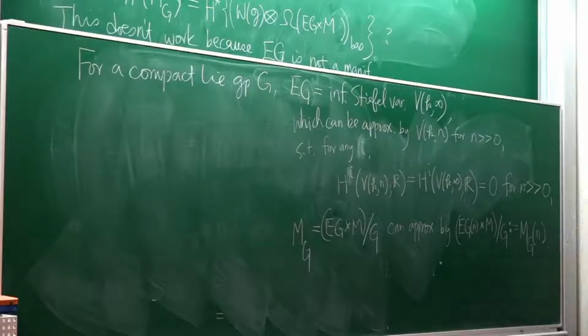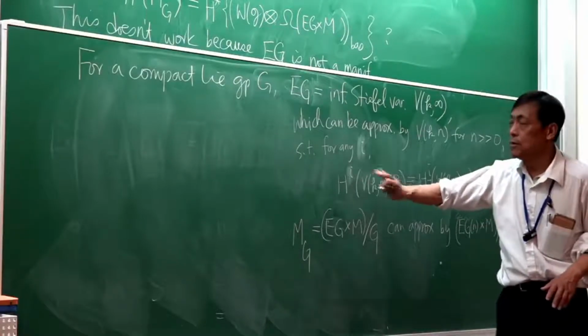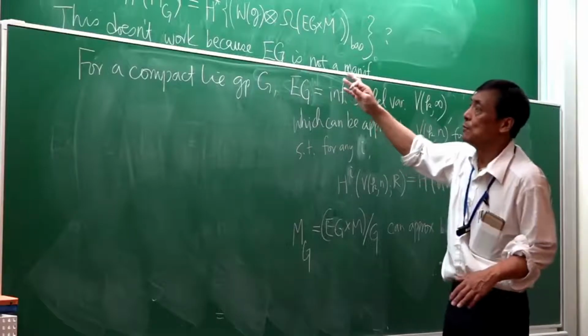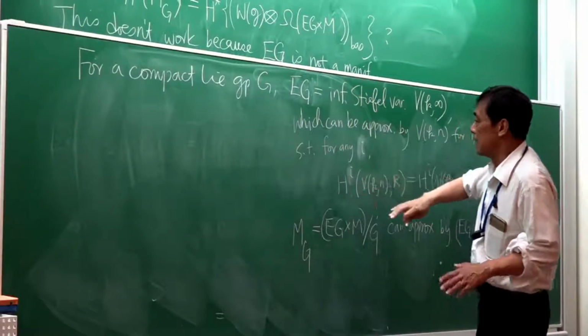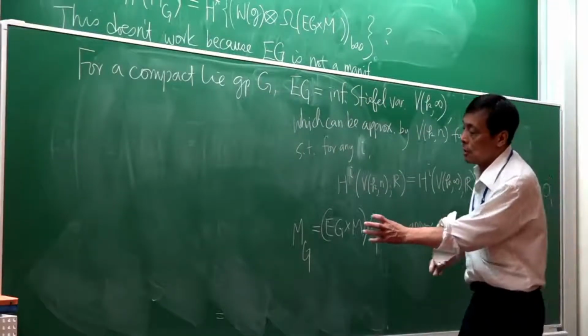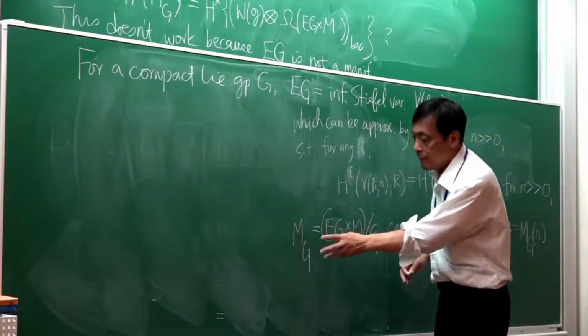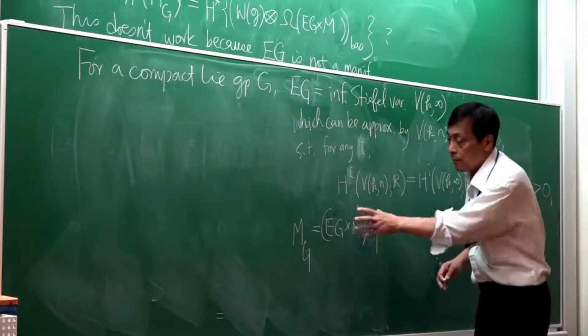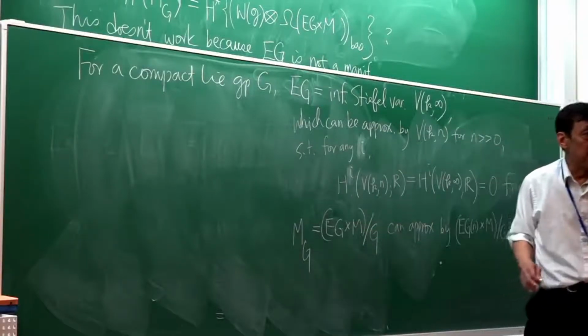So if you are computing a particular cohomology, then you can assume that your space is the quotient of a finite dimensional manifold.